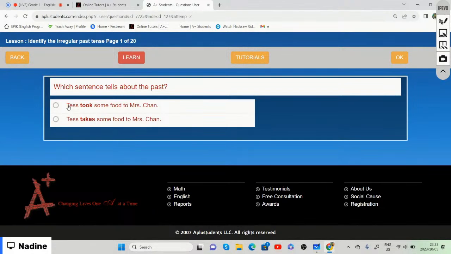Tess took some food to Mrs. Chan, or Tess takes some food to Mrs. Chan. We need to say which of these two sentences tells us about the past. Is it took or takes?